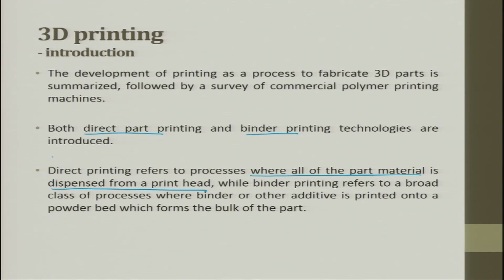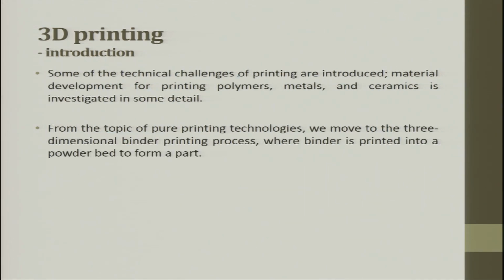When we talk about binder printing, the building block is not dispensed, but the binder is dispensed, through which we try to develop a 3D part. Some of the technical challenges of printing are introduced. Material development for printing polymers, metals, and ceramics is investigated in some detail. From the topic of pure printing technologies, we move to the 3-dimensional binder printing process, where binder is printed into a powder bed to form a part.